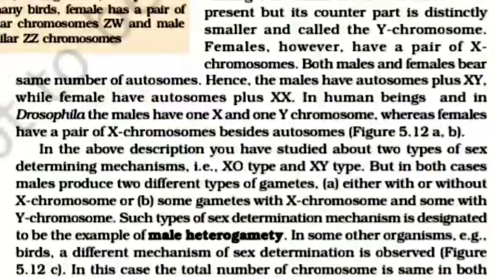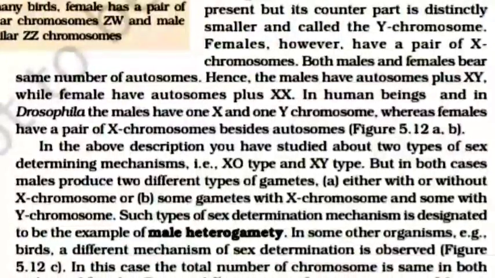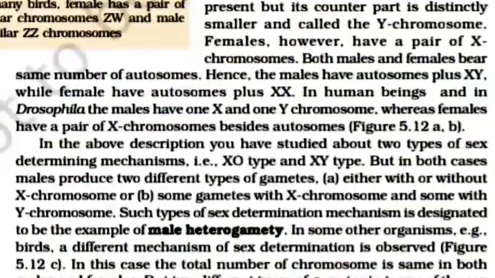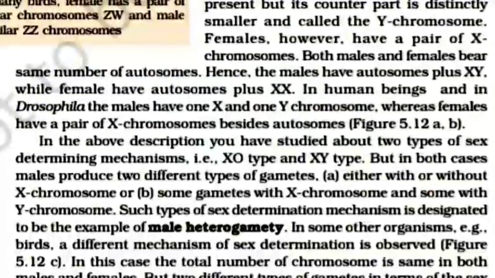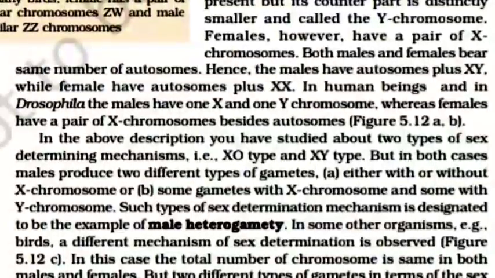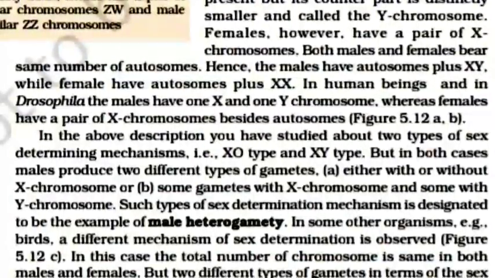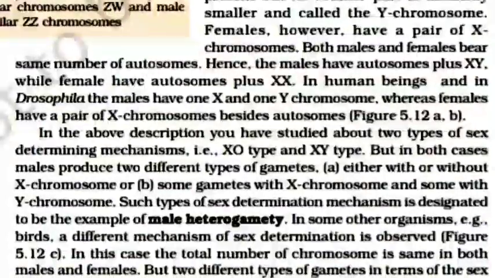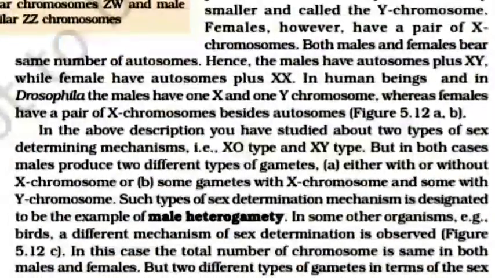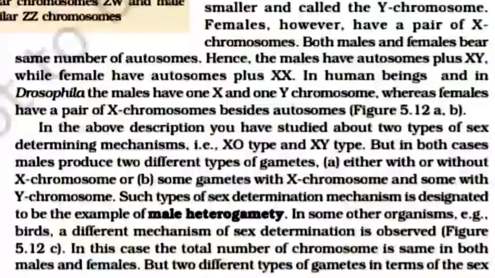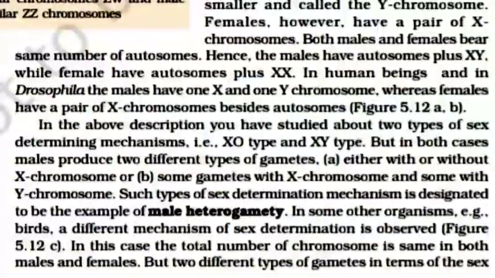But in both cases, males produce two different types of gametes, either with or without an X chromosome, or some gametes with X chromosome and some with Y chromosome. Such a sex determination mechanism is designated as male heterogamy.